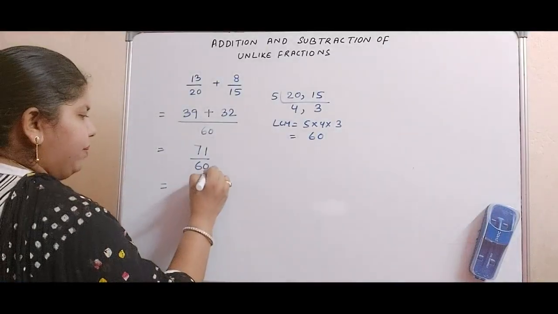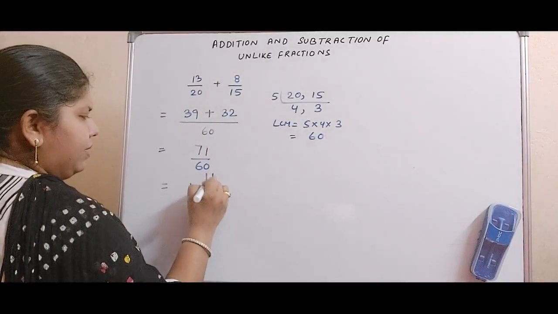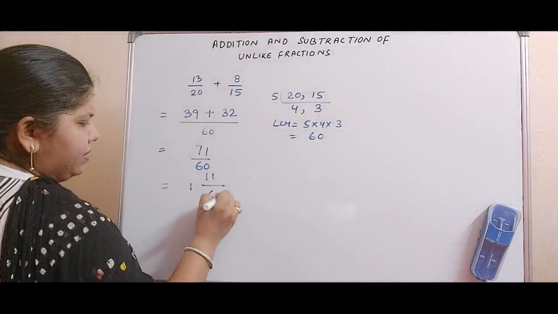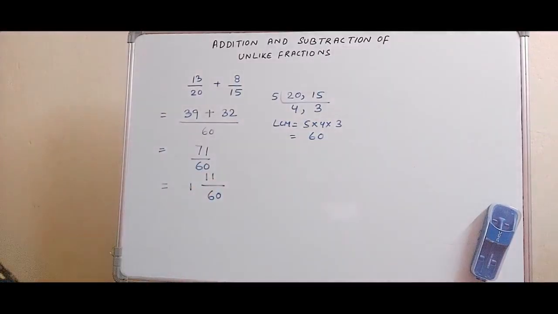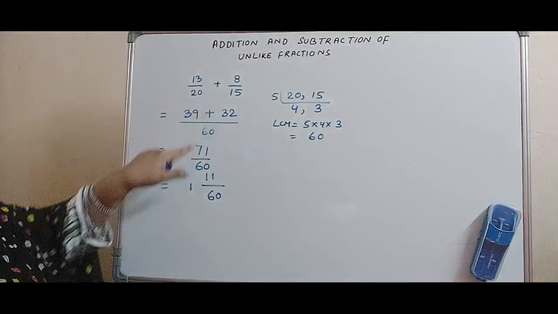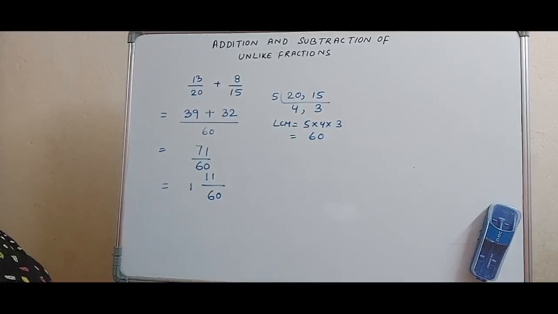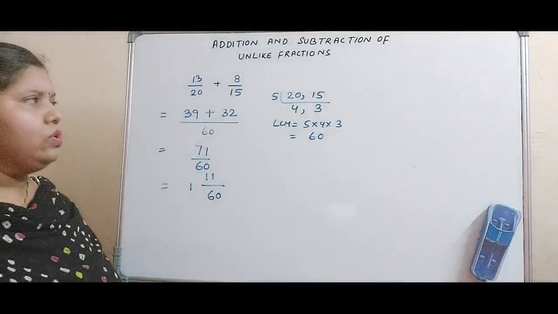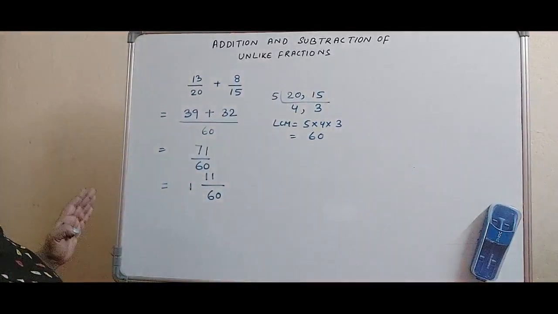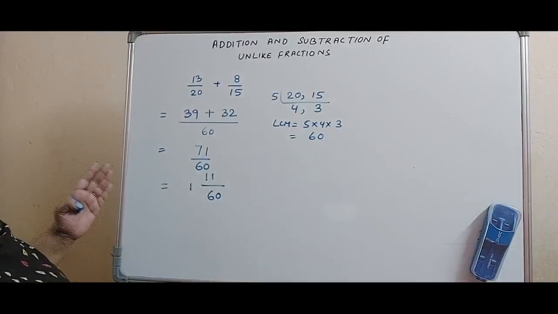So the 11 remainder goes up here, and the same 60 remains in the denominator. So 13 by 20 plus 8 by 15 is equal to 1 11 by 60. Okay. So this is how we are going to add unlike fractions.